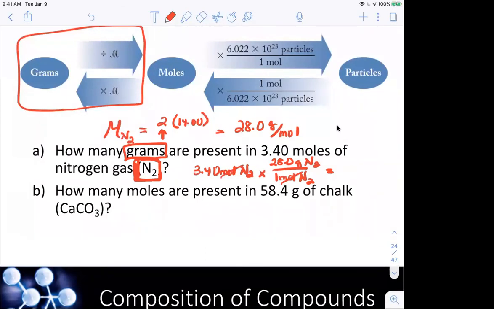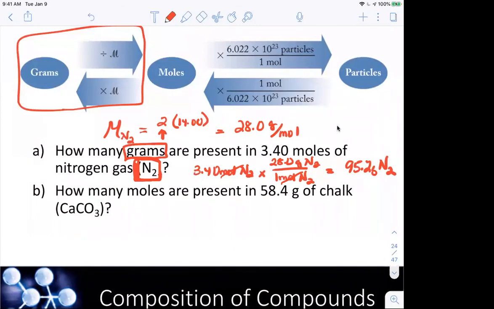I have 3.40 times 28. And what I get is 95.2 grams of N2. So remember, if I have a diatomic molecular element, your formula or your molar mass is going to be the formula of the molecule, which has 2 nitrogen atoms, N2.